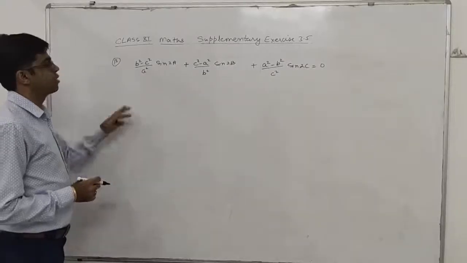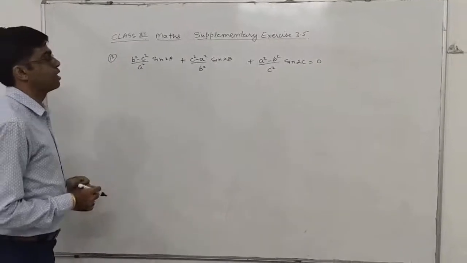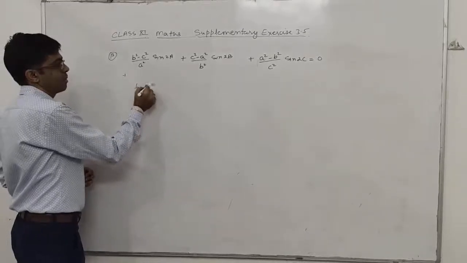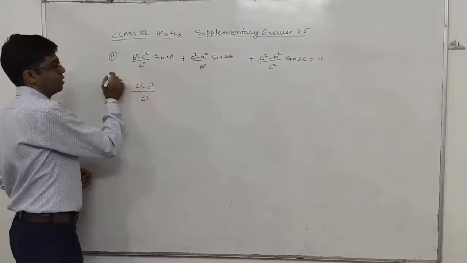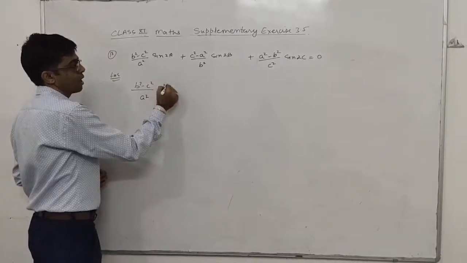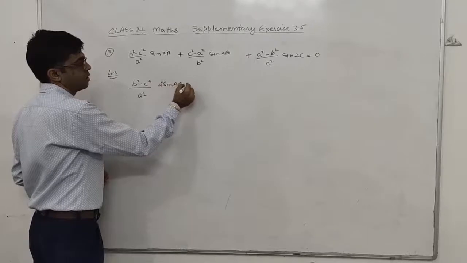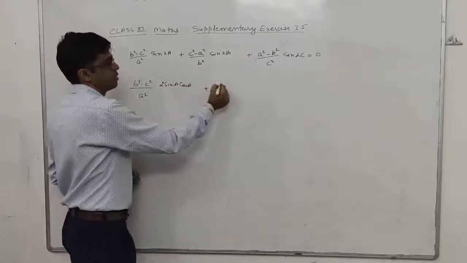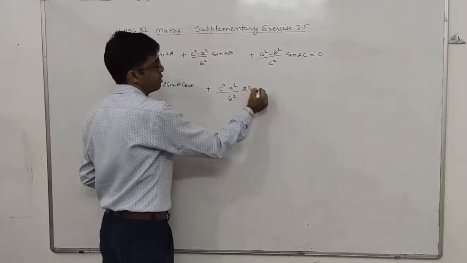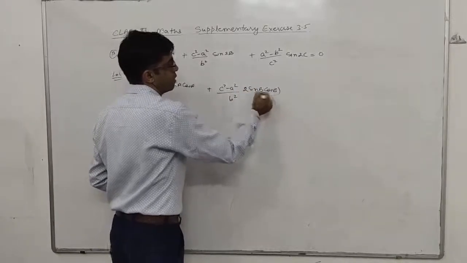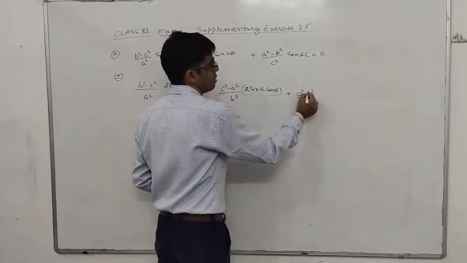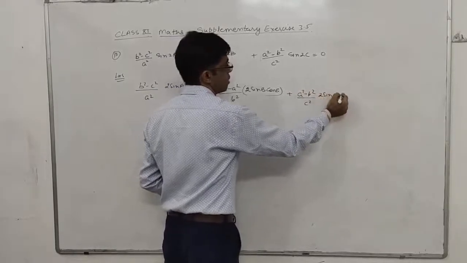Now the next question is the same as the 12th question. What you will do in this is take the left hand side, b square minus c square upon a square times sine 2a. Use the formula 2 sine a cosine a. Similarly in this, 2 sin b cos b, 2 sin c cos c.